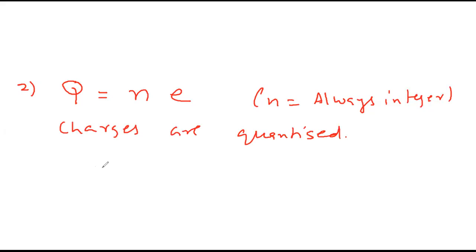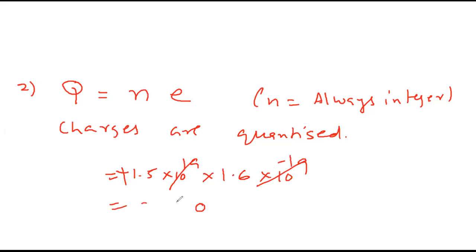So total charge is how much if 1.5 into 10 raised to 19 electrons are removed? Removed means it will be positive because losing is positive. 1 electron ka charge is 1.6 into 10 raised to minus 19 coulomb. So 19 and minus 19 cancel. 1.5 into 1.6 is 2.4 coulomb. This is the answer.